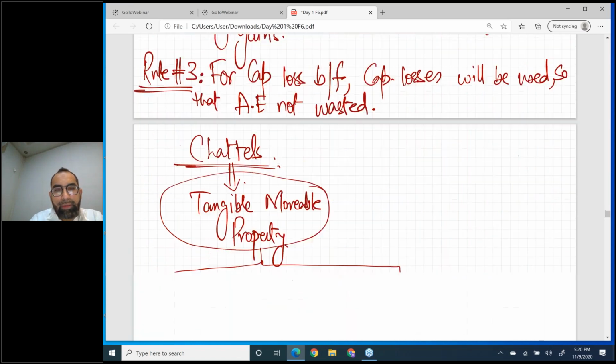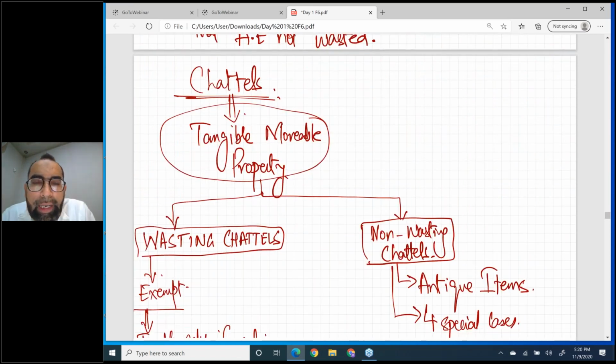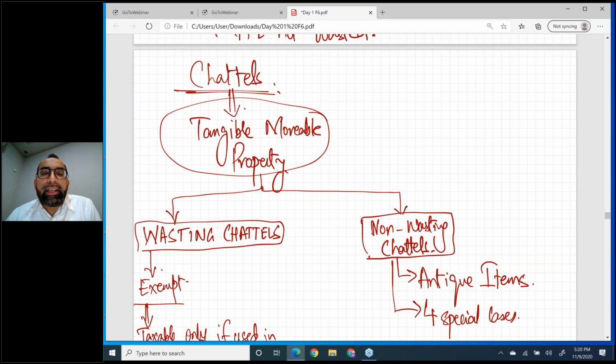Now, there is one very short topic in your capital gain topics, that is chattels. Chattels means tangible movable property, like your cell phone, your plates, paintings, jewelry, right? Okay, so now what are the rules?